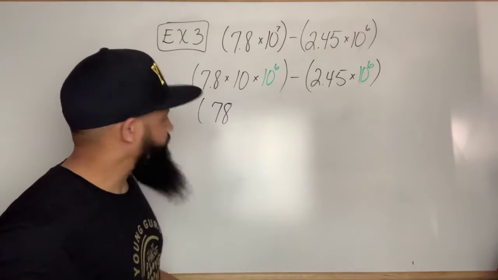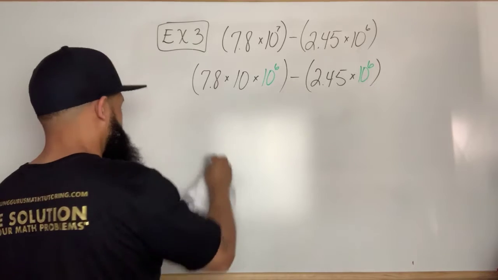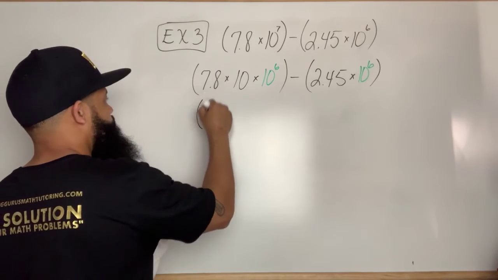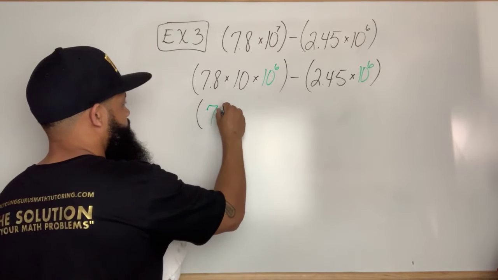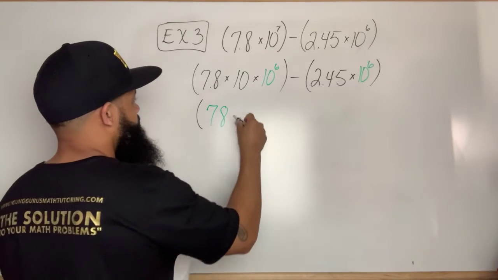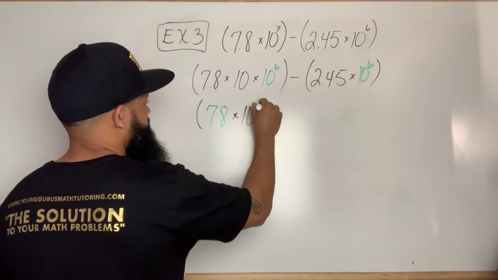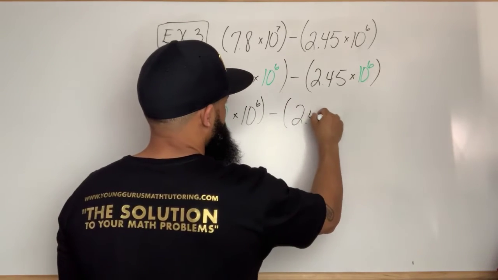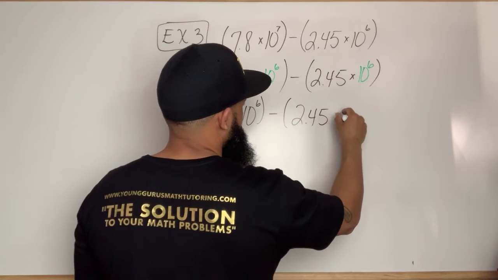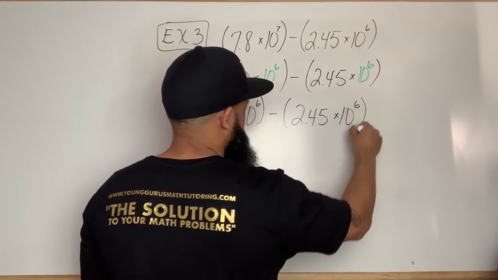Matter of fact, let me put that in green. This is 78 because 7.8 times 10 gives me 78, and then times 10 to the 6th power, minus 2.45 times 10 to the 6th power.